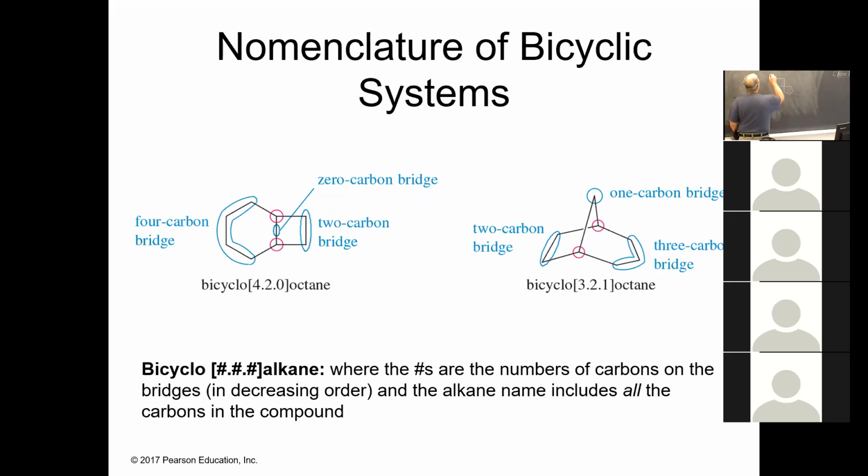And the way we would name this is spiro, again, square bracket. We go across the largest bridge first. So that would be 1, 2, 3, 4. Then we go across this bridge, that would be 3. And so this is spiro 4,3 octane.